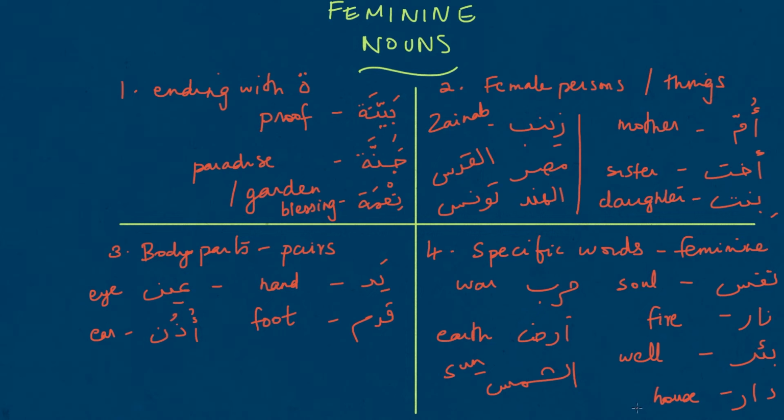So before we wrap up, let us look at some sentences and phrases that we can make following these rules. So we would say يوم واحد, a single day.